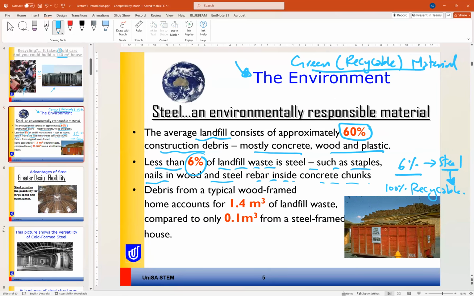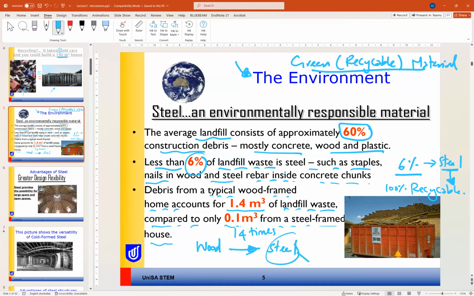Okay, the debris from a typical wood-framed home accounts for 1.4 cubic meter of landfill waste compared to only 0.1 cubic meter from a steel-framed house. So this means that the construction debris from wood is about 14 times that of steel.